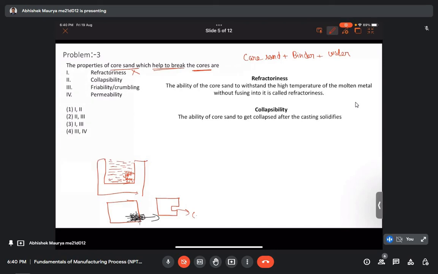So to remove the core, we have to break the core. So the core is removed by breaking or collapsing the core material from the casting.